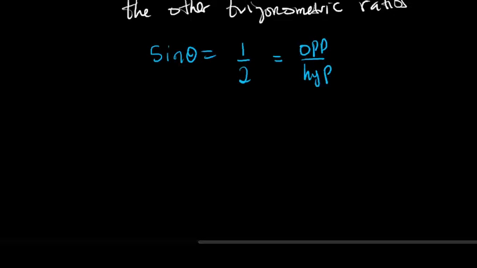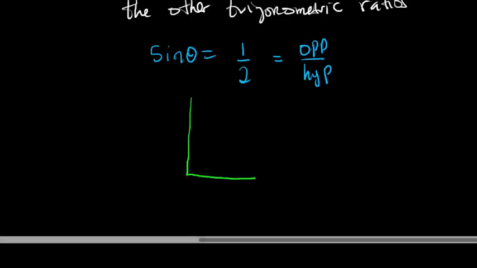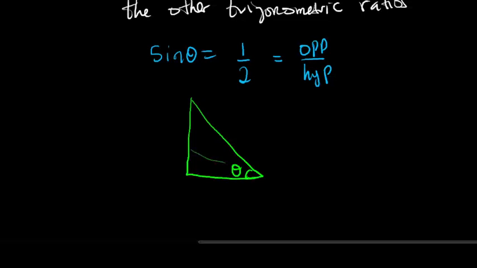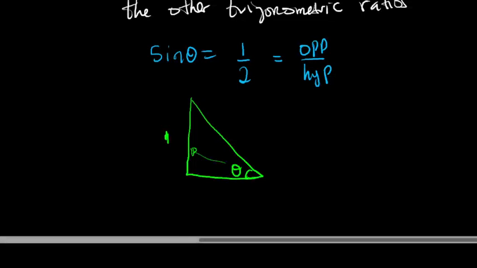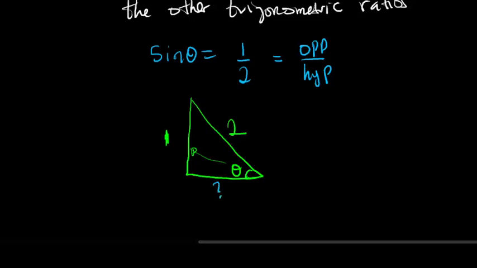You draw your right angle triangle. This is my angle, and the side facing it is the opposite. That is 1, and my hypotenuse is 2 as well. That means the only thing I don't know here is the adjacent.